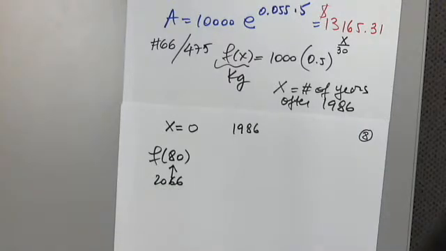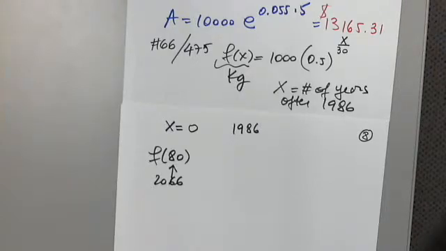Exactly. So if these people are not already gone and they want to go back home, we want to check, according to the given formula, if they can go back in 2066. Maybe they're not alive anymore, but their children and their grandchildren, if they can live there. Okay. So first of all, let's analyze this function.